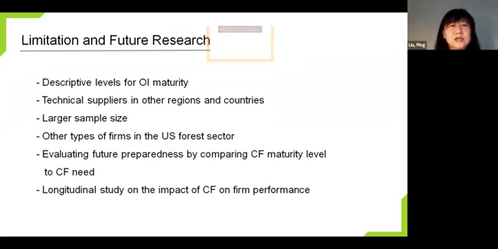So we suggest that future research also study suppliers in other regions and countries, and also other types of firms, not only the suppliers in the US forest sector. And we also suggest a larger sample size.